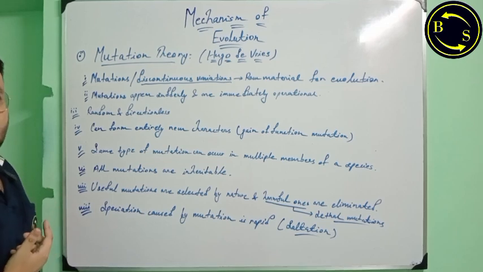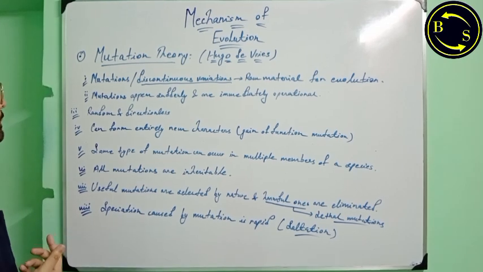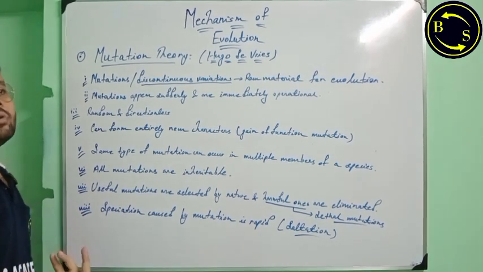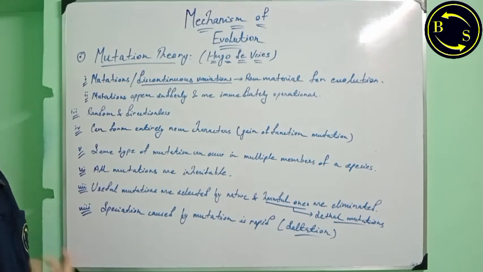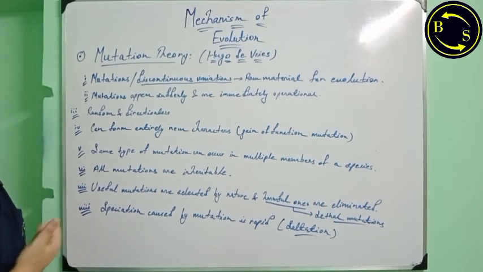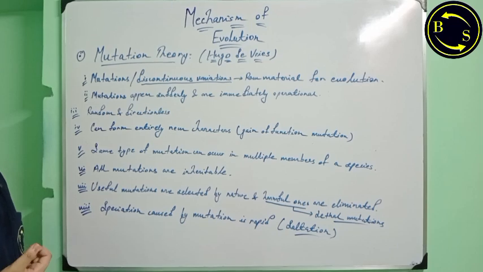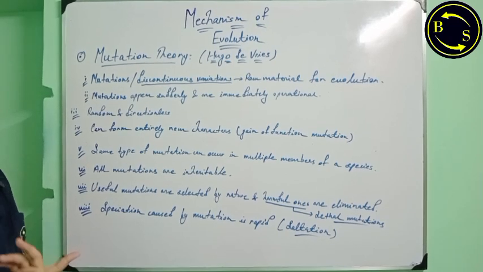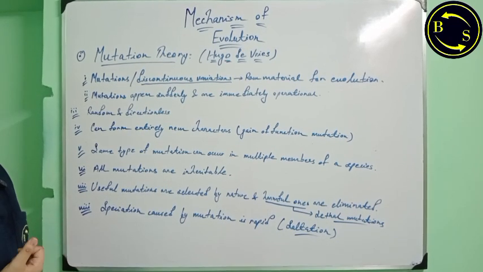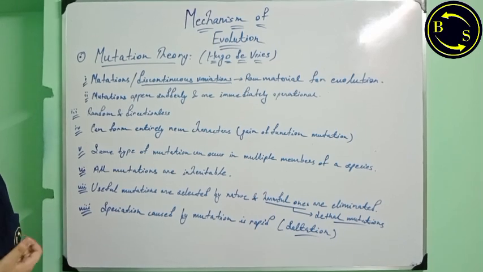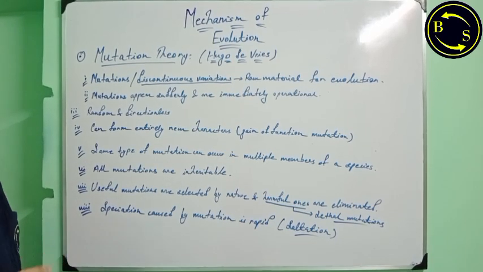So that is a discontinuous variation. And only if that long-necked individual managed to reproduce, only then that feature would have been inherited by his or her progenies. If not, then that variation would have been lost. So it is discontinuous. It is not present in every generation following a specific gradient.